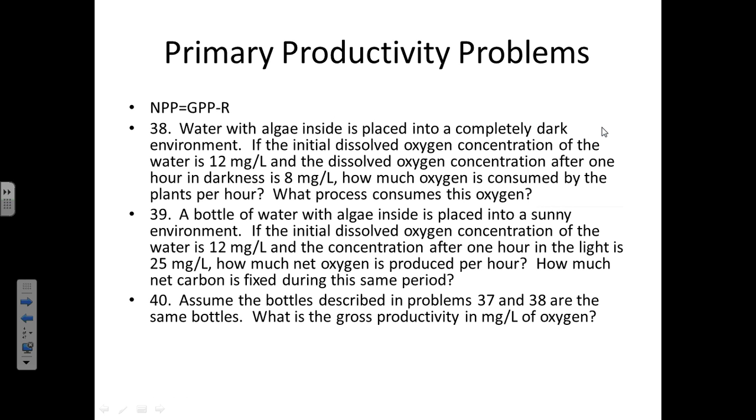All right, guys. So last time, in one of the last math review sessions, we started talking a little bit about what was called primary productivity. And I told you that whenever you hear the word producer, production, productivity, what should you think about? Photosynthesis.